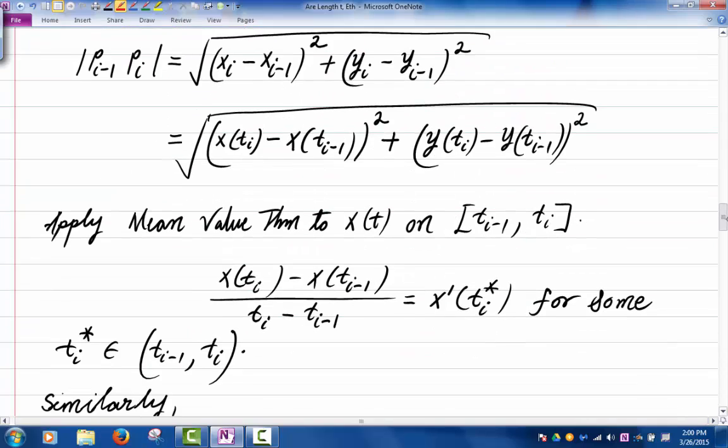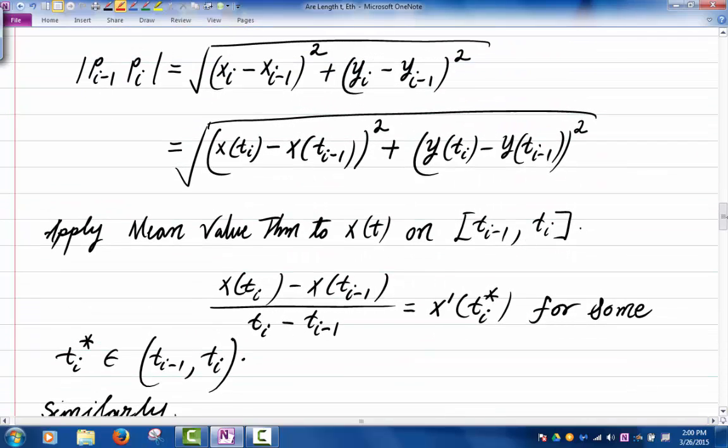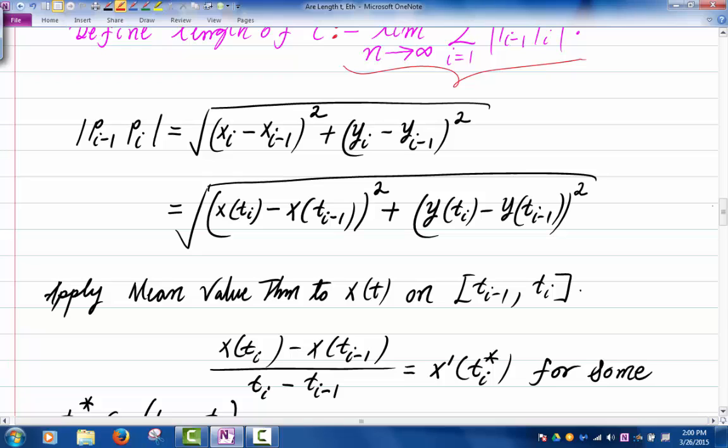First of all, remember what x of t is. X of t is the x coordinate, right? If you look at the position vector, x of t is the horizontal component of the position vector. Y of t is the vertical component of the position vector, right?